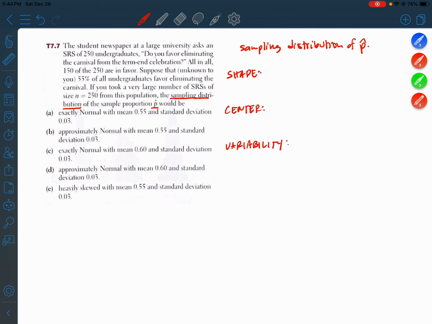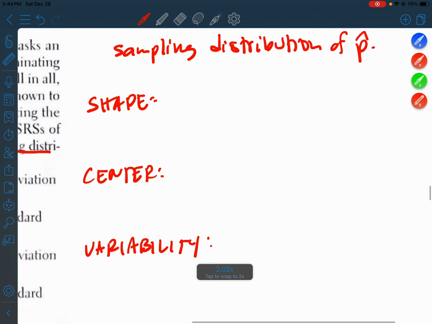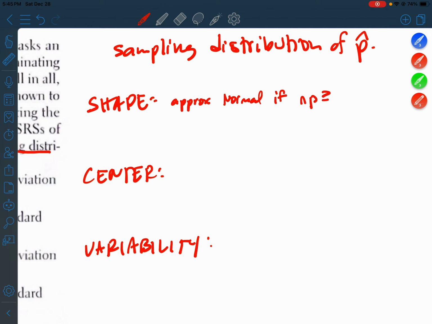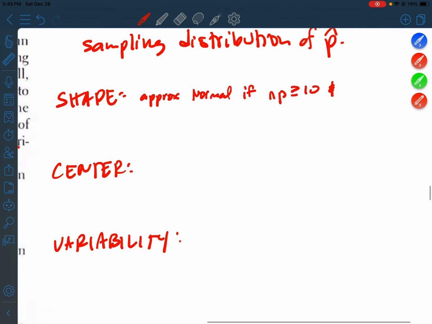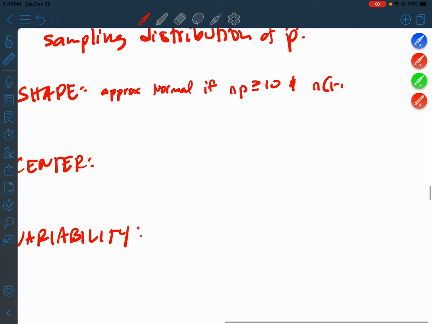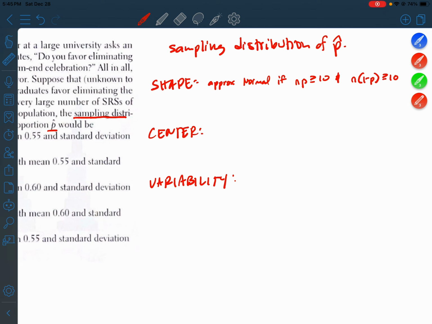Here's what we know about the shape. The shape will be approximately normal if the product np is at least 10, and the product n(1 minus p) is at least 10. We'll check that in a minute.